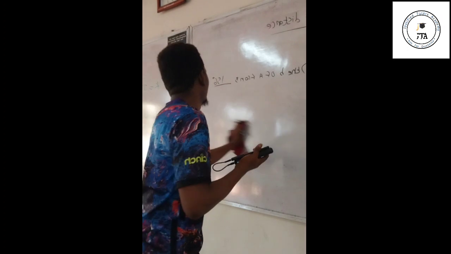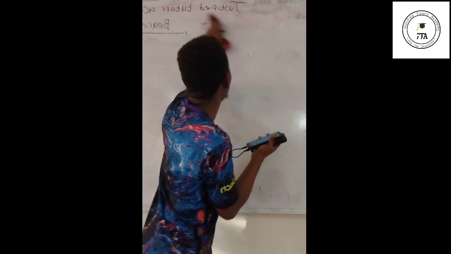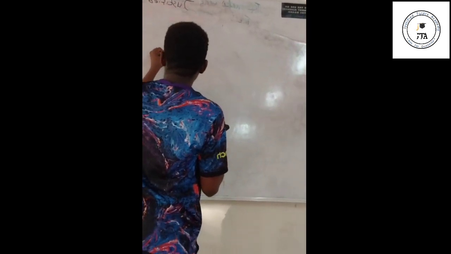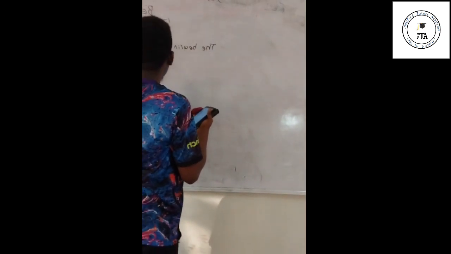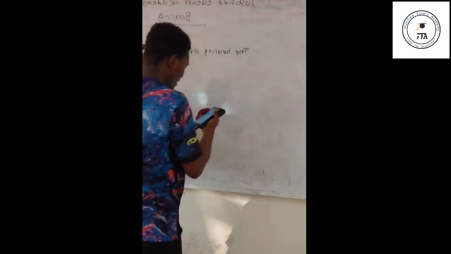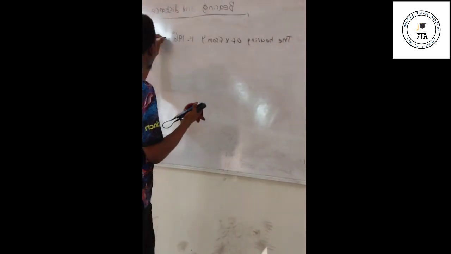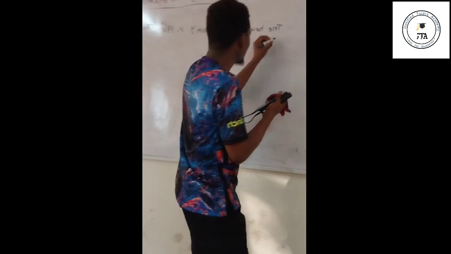Alright, so let's get the screen off. Now, let me solve one question and then give you the remaining 4 as assignment, to practice on your own. So let's go. It says the bearing of x from y is 196 degrees.